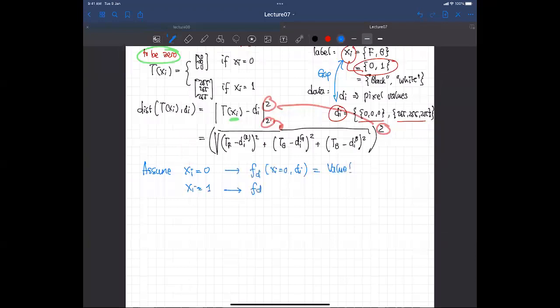Then you have fd of xi equals to 1, di. This is another value. So depending on your assumption, whether xi equals 0 or xi equals 1, you will have some real value there. So for one pixel from one xi, you have two possible values for the data term, if x1 and x2 are binary. Any questions here?